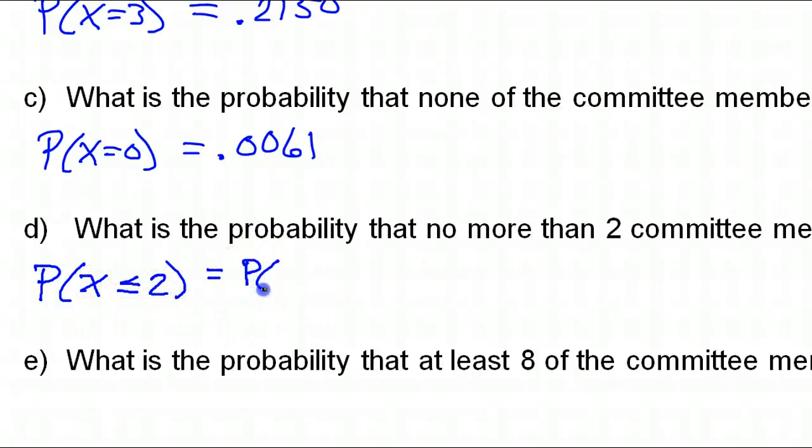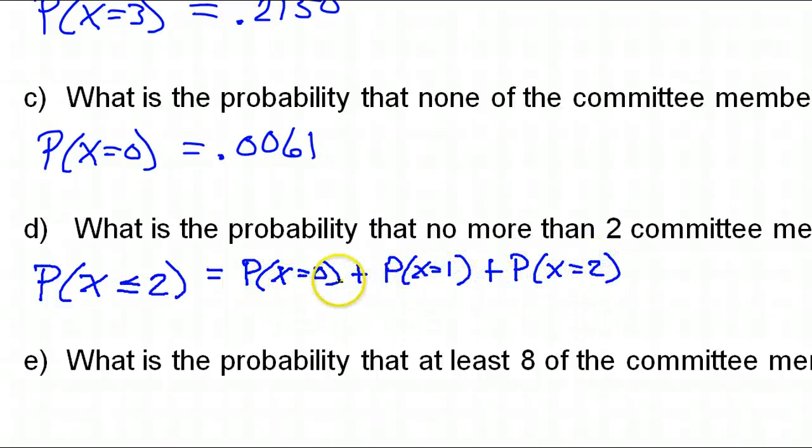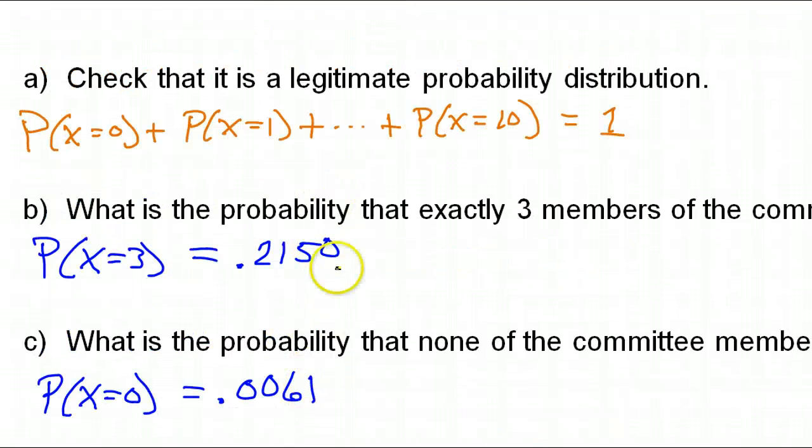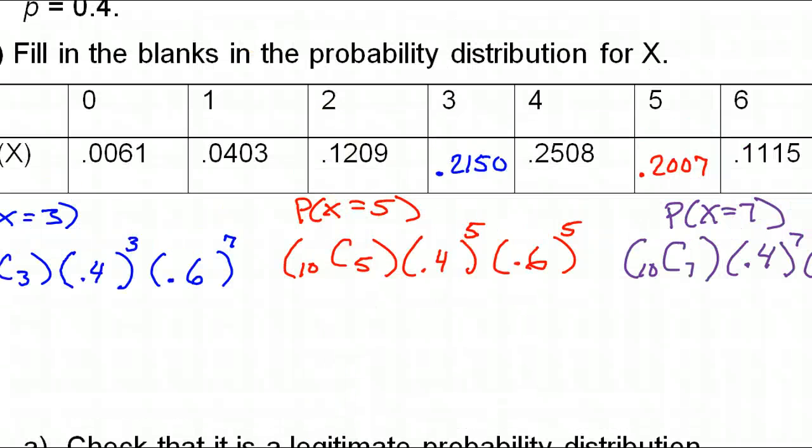So from left to right, that's the probability that x equals 0 plus the probability that x equals 1 plus the probability that x equals 2. These are all the x values that are less than or equal to 2: 0, 1, and 2. So I add up those 3 numbers, and I'm just pulling them right off of the chart.